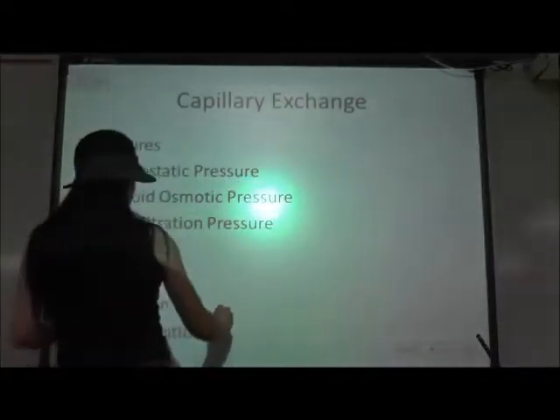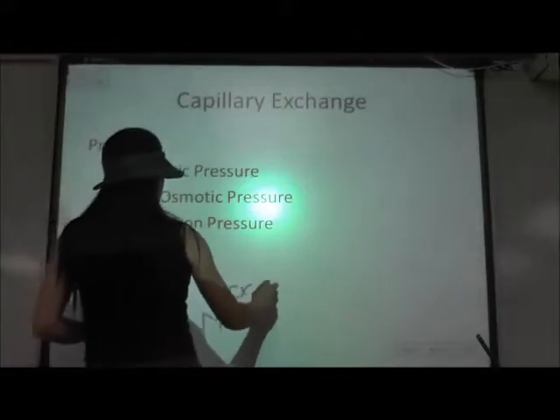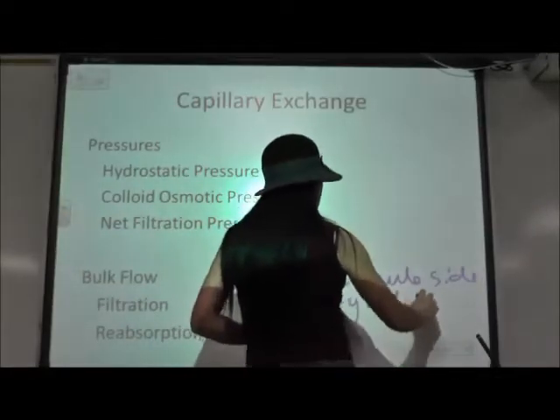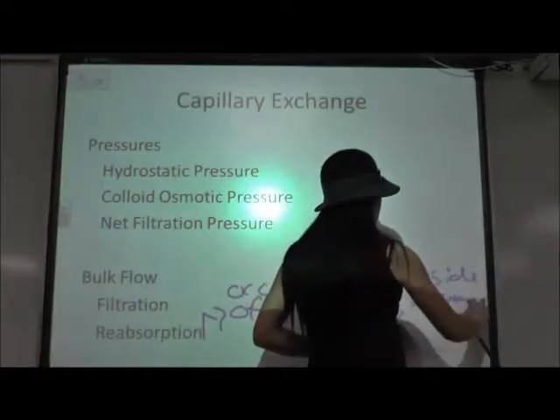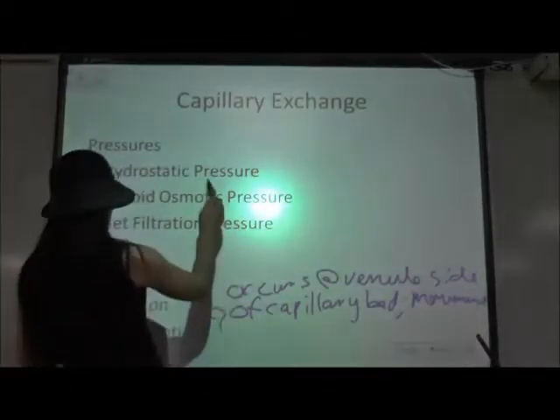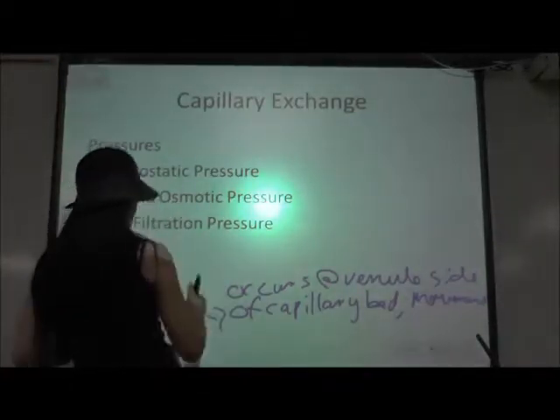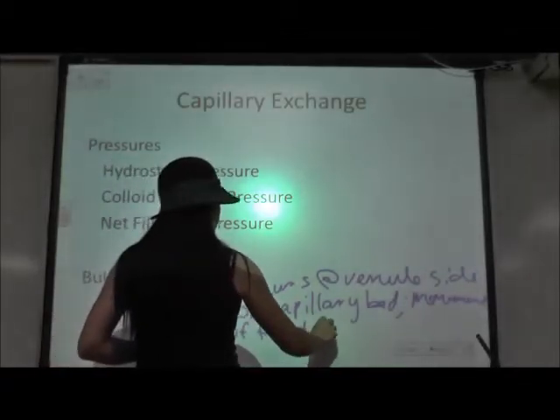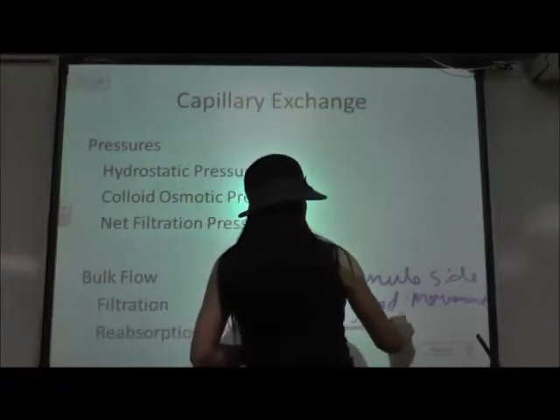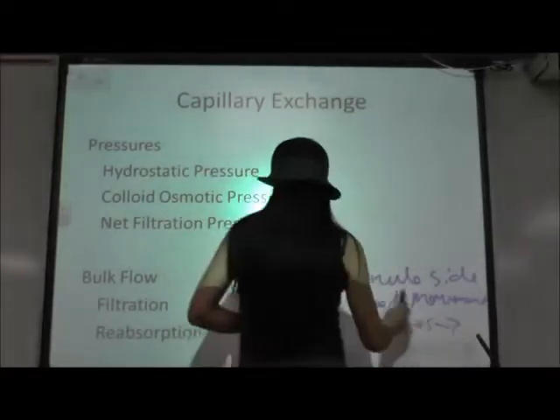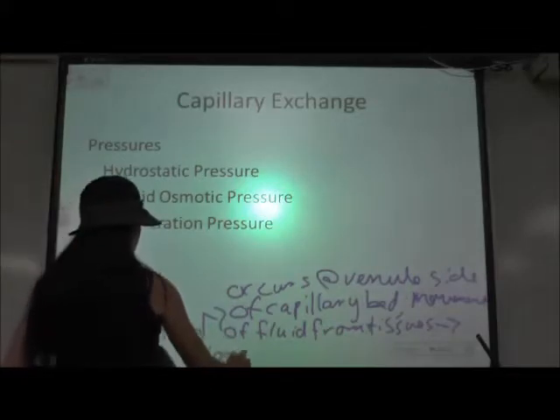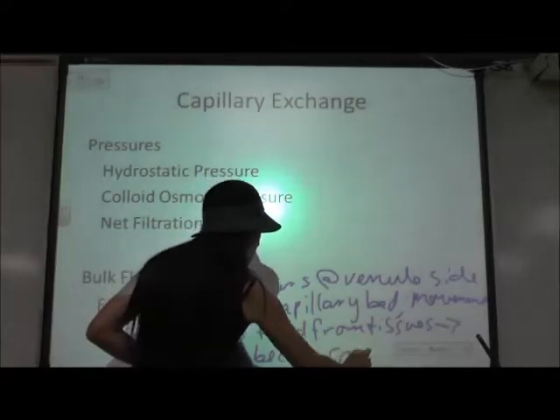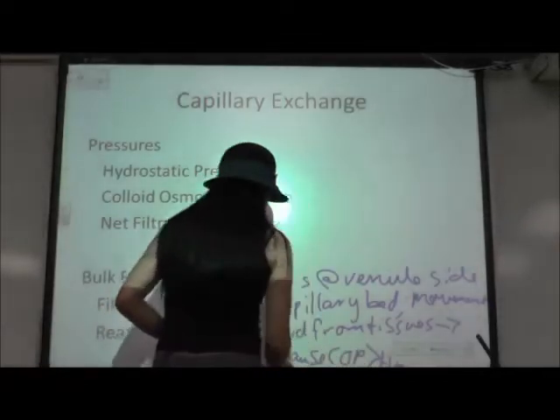So reabsorption occurs at the venule side of the capillary bed, and it's the movement of fluid back into the blood, because our colloid osmotic pressure is greater than our hydrostatic pressure. So it's the movement of fluid from the tissues back into the blood. Because colloid osmotic pressure is greater than hydrostatic pressure.